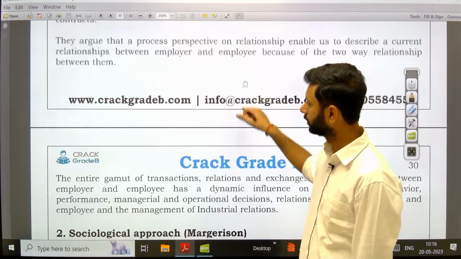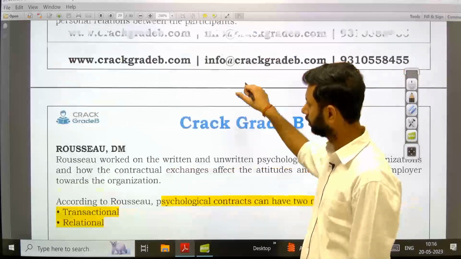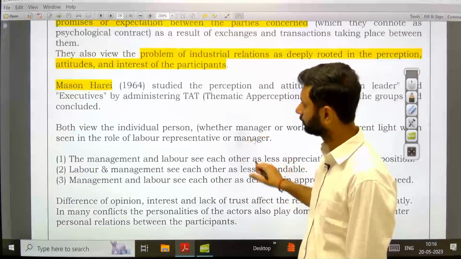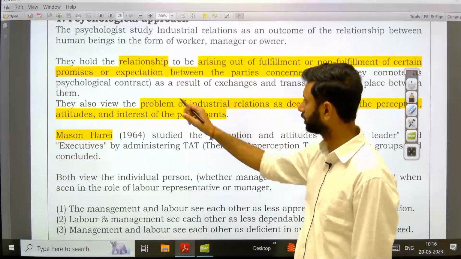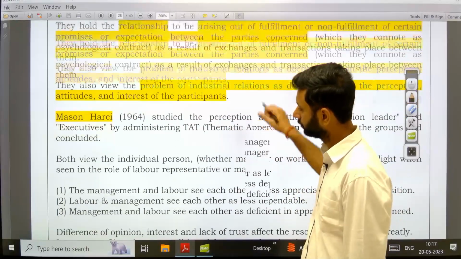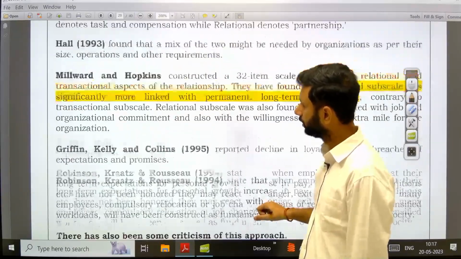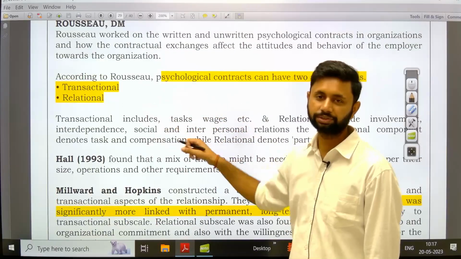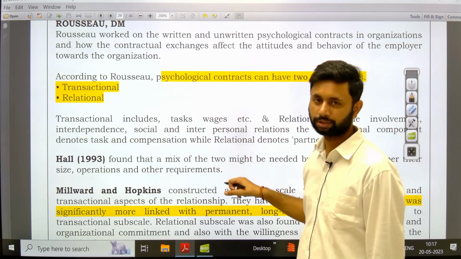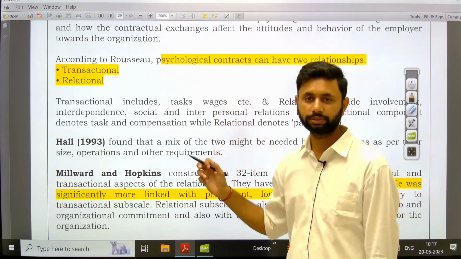Okay. Just remember, psychological approach, psychological contracts, Denis Rousseau. What are the relationships within the psychological contracts? Transactional, relational.